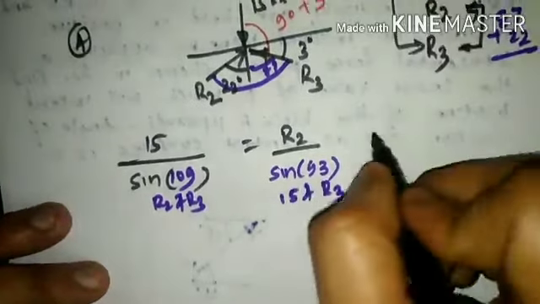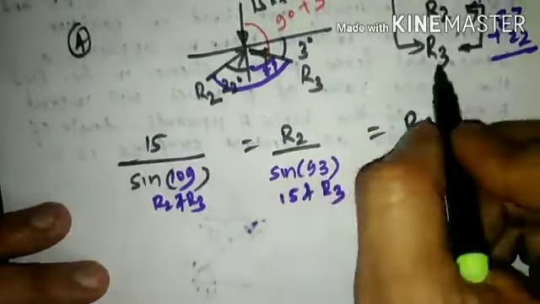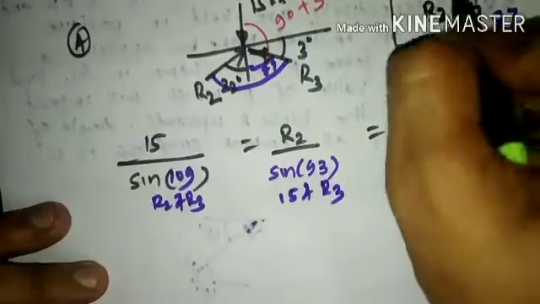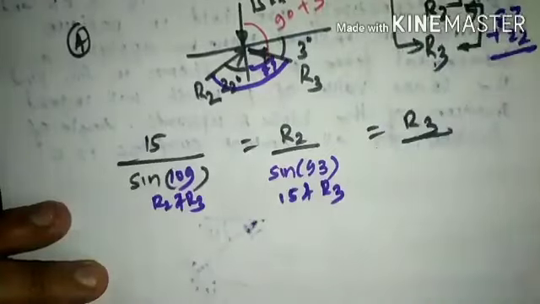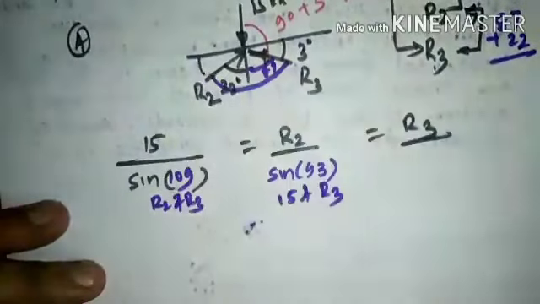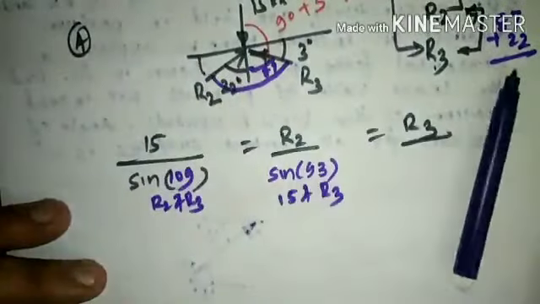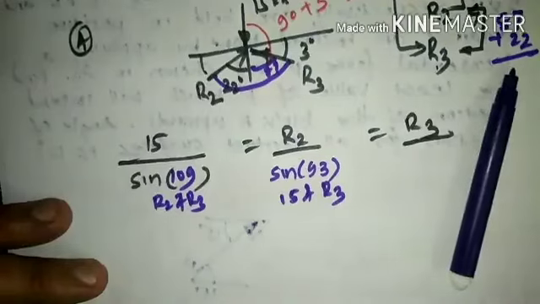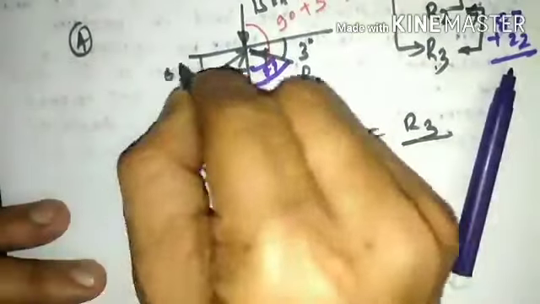Likewise, for the last force, R3, I need to consider the inclination between 15 and R2. If this is 22 degrees, what shall be this inclination? 90 minus 22 comes out to 68 degrees.